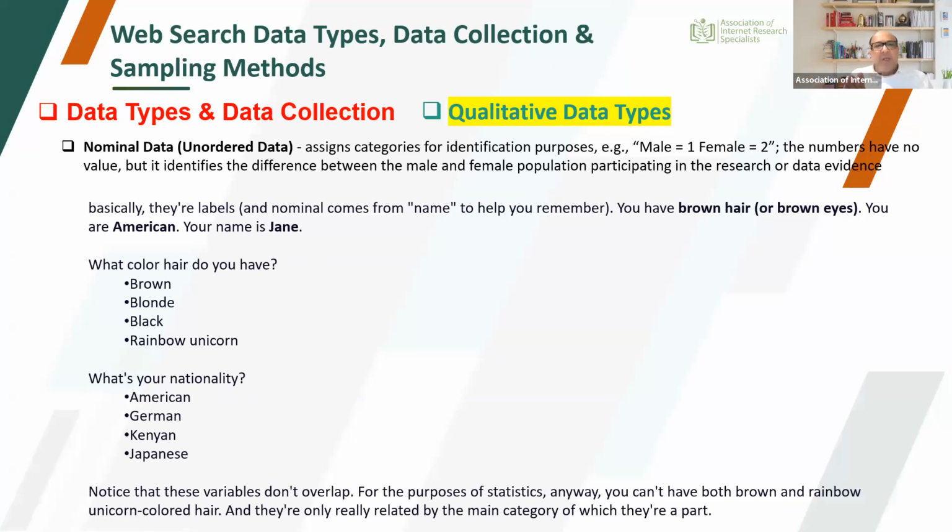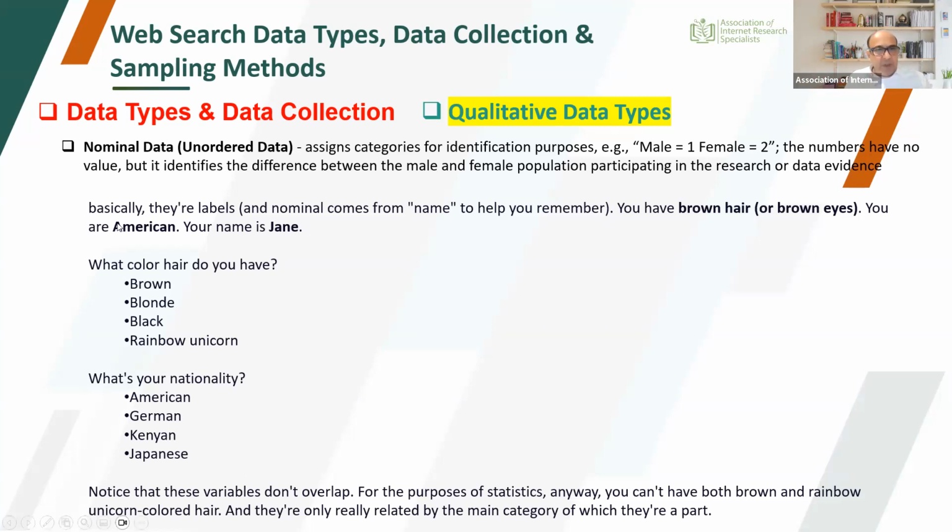It cannot be something that would say brown is better or brown is greater than blonde, or black is least available compared to brown, and therefore black is not preferred. Those kinds of decisions you cannot make because it has a quality that cannot be translated into numbers exactly.